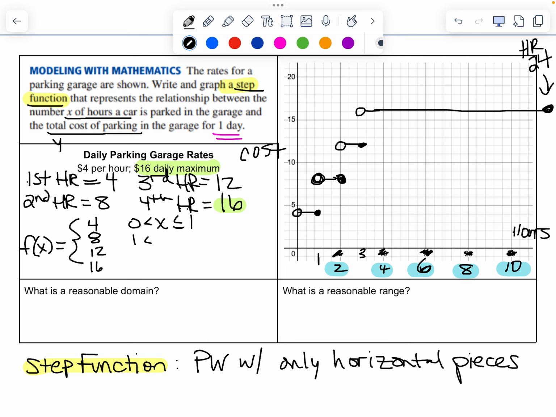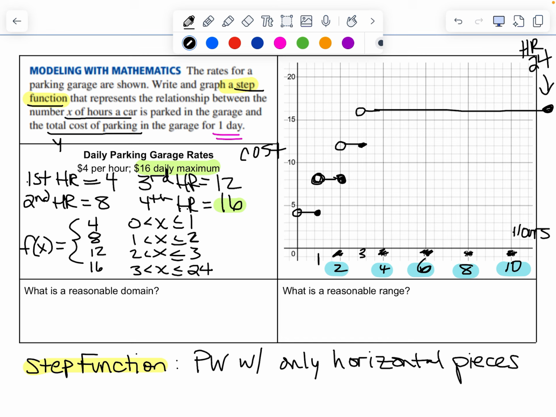The second goes up until that second hour of time. The third one goes up until we get to there. And then finally, all the way up to 24 hours worth of time, because then we start a new day, would be $16 for that scenario.